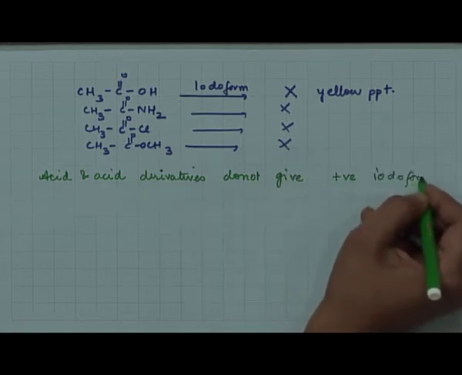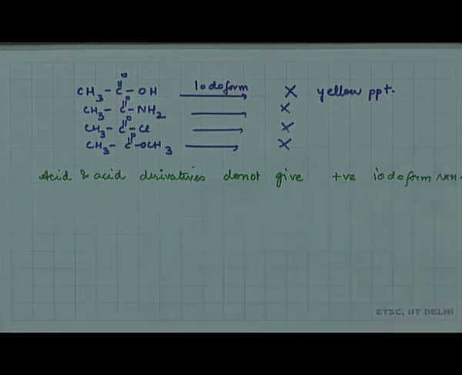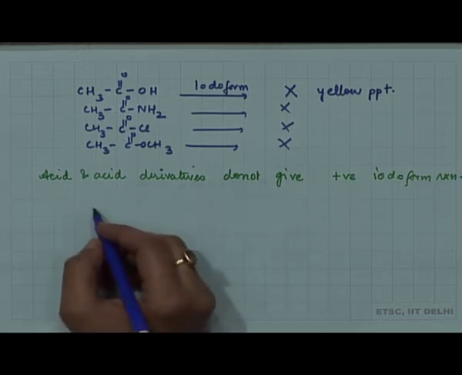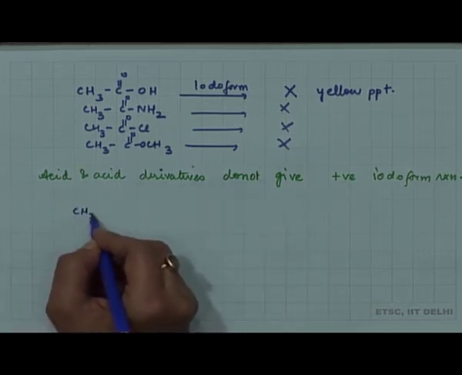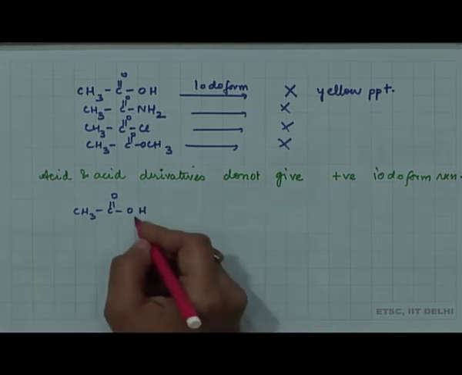Now, you rationalize and think, why is this happening? Recollect that we are carrying out this reaction under alkaline conditions. If you have an acid, this is the most acidic proton of the acid.